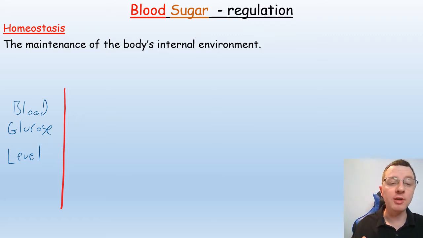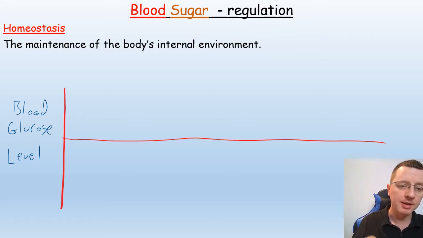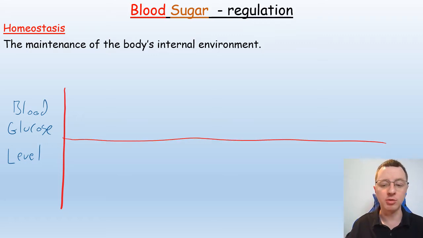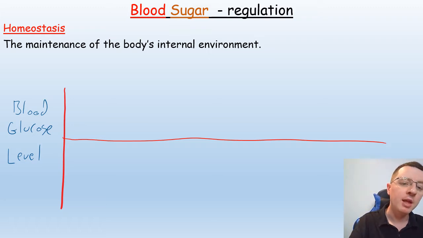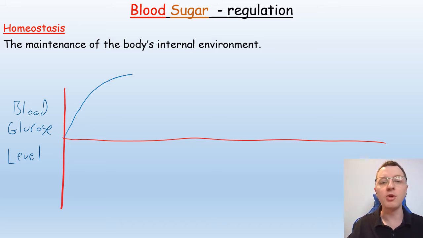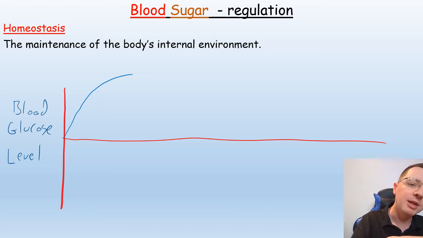We can represent the normal blood glucose levels in your body with this red line here, that constant level of blood glucose. And we can consider what will then happen if you eat a meal. If you eat a meal, then your blood glucose levels will begin to rise. And when that happens, the pancreas will recognize this rise of blood glucose and release the hormone insulin.